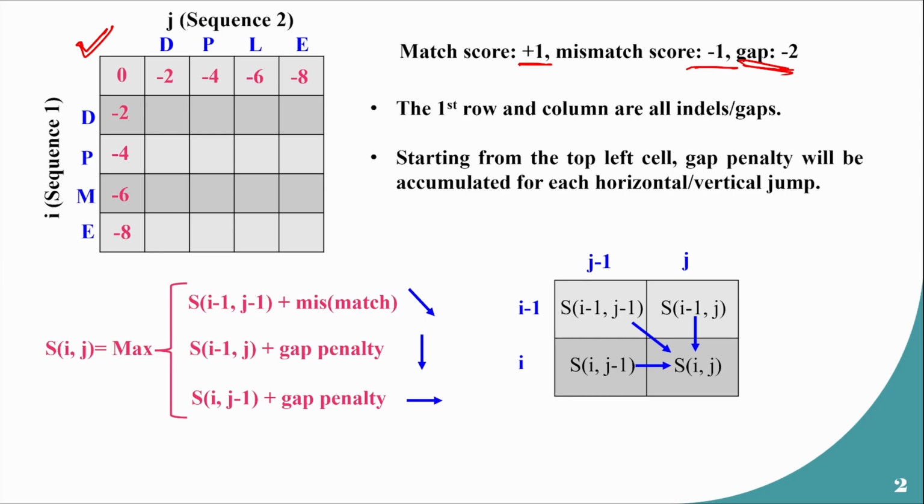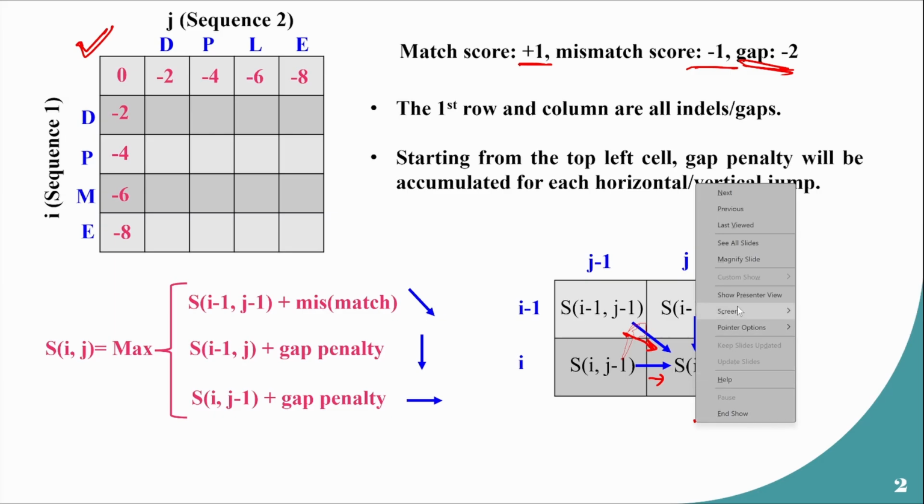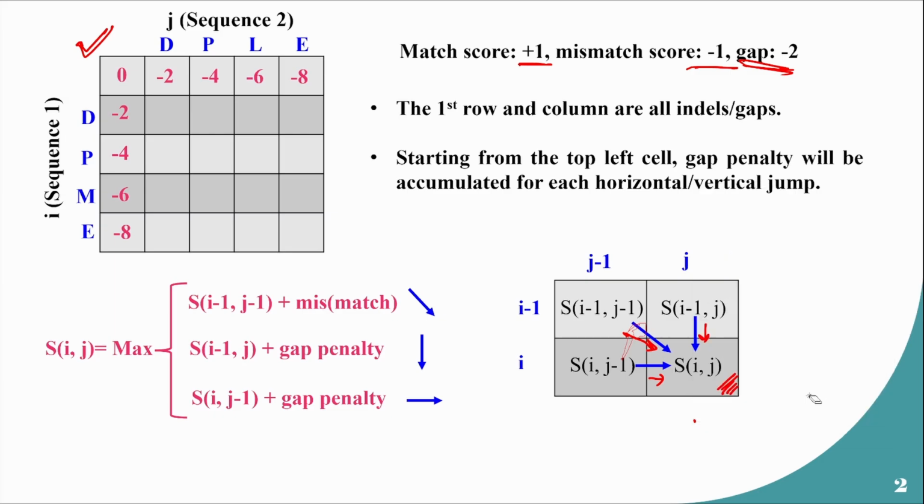Then for calculating the score for each grid, for example this one, we had to consider 3 paths. One would be the diagonal path, which represents a match or a mismatch, and the horizontal and vertical paths represent your gaps, meaning indels.